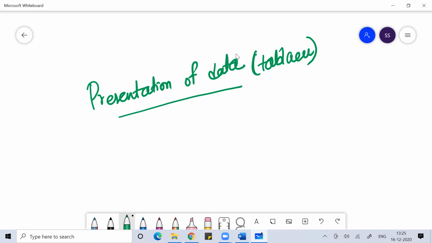That is a very good data visualization tool. The analysis part we can do in Excel, but when it comes to the presentation of data, we prefer Tableau. We have R, Python, and a lot of other tools to analyze the data.